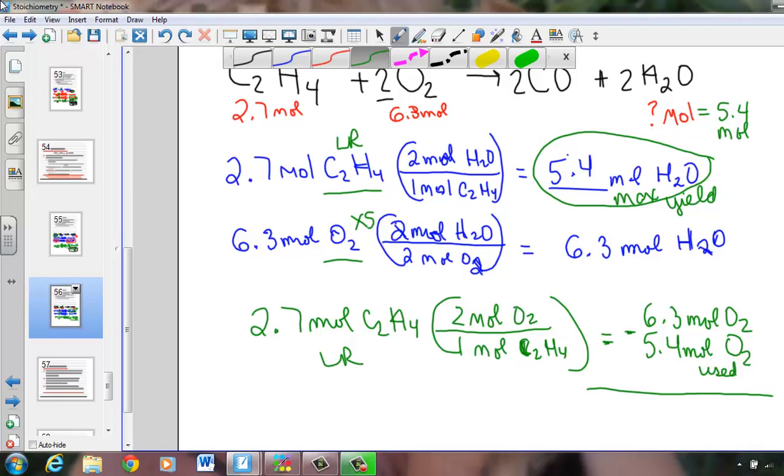So 6.3 minus 5.4 comes out to be 0.9 moles. So 0.9 moles of oxygen were in excess amounts at the end, sitting there unconsumed, just as you had placed them in.